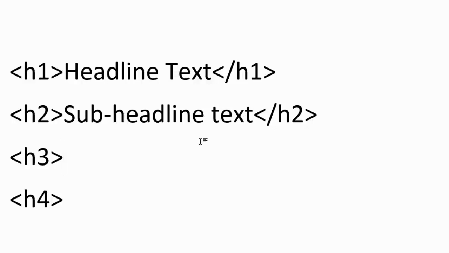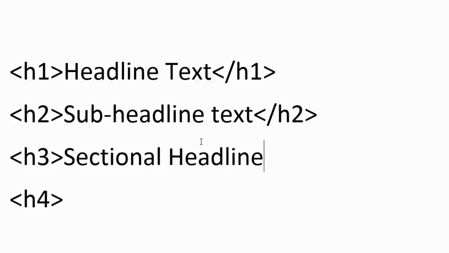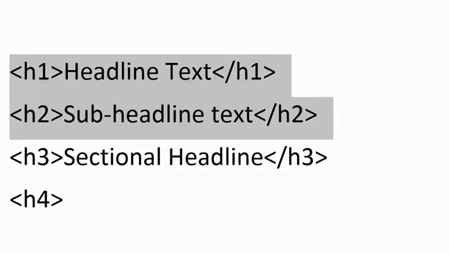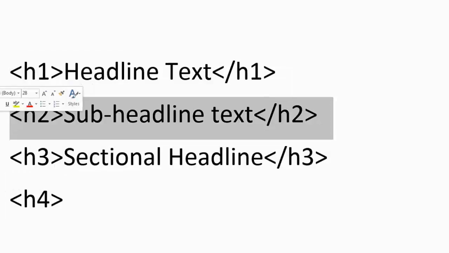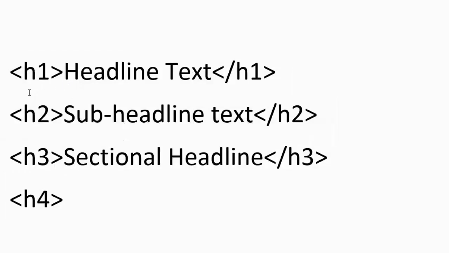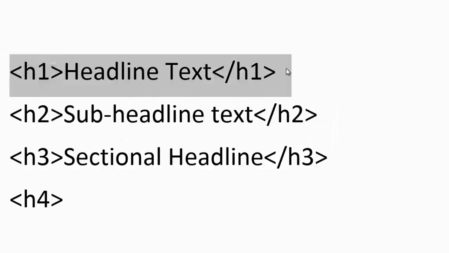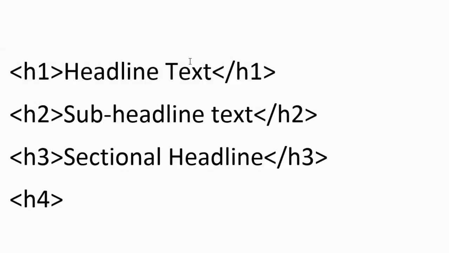And this could be something like a sectional headline, and we close it off with H3. So as the number gets bigger, the heading gets smaller, but it's still a headline. Now, when Google comes along and reads these headlines, they say, okay, this is a headline, this is a headline, this might not be as important as this headline. We don't know exactly, but that's what we've seen.